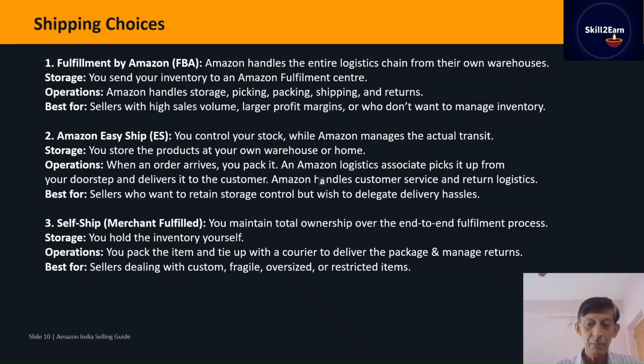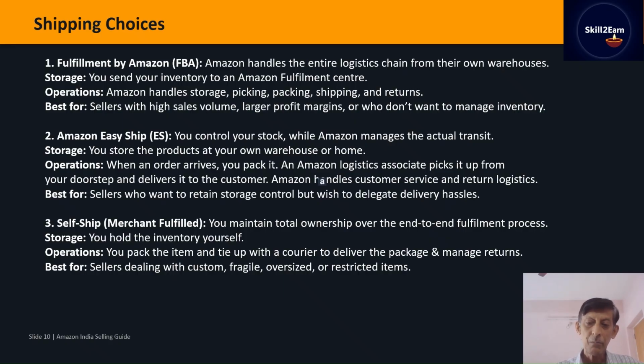Now the next step, after you list your product, you want to ship it, right? Wherever a customer orders it, you have to decide how the shipping will take place. So there are three choices. Number one, Fulfillment by Amazon, FBA, where Amazon handles the entire logistics chain from their own warehouse. You send your inventory to the Amazon fulfillment center or Amazon warehouse.